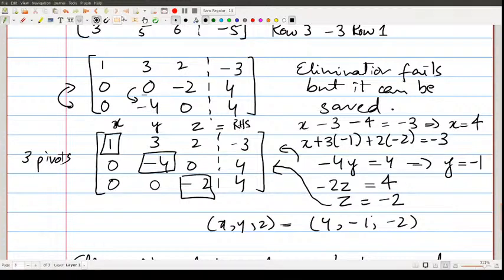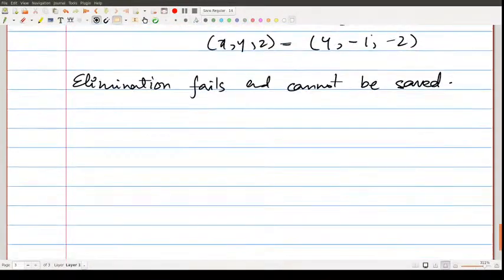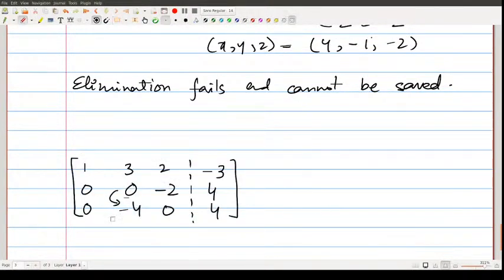So let's think about how I can get such a system, when this entry becomes 0. And when does this entry become 0?